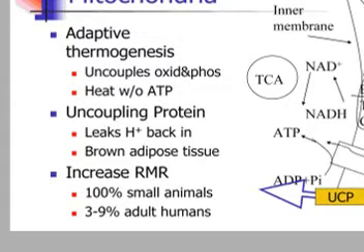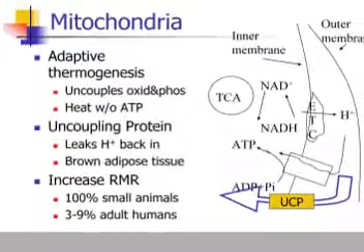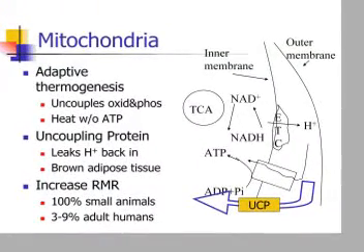In humans, as I'll present some more data as we go along, although we are born with a fair amount of brown adipose tissue, that as a percentage of our body weight drops dramatically, so that by adulthood it's a very small fraction, so that the ability to do this uncoupled thermogenesis is very small, and estimates are that it's somewhere between 3 and 9% that we can increase our resting metabolic rate by doing uncoupled thermogenesis.